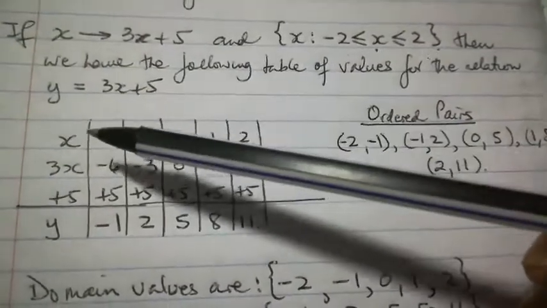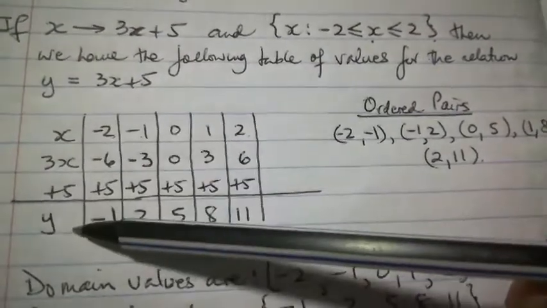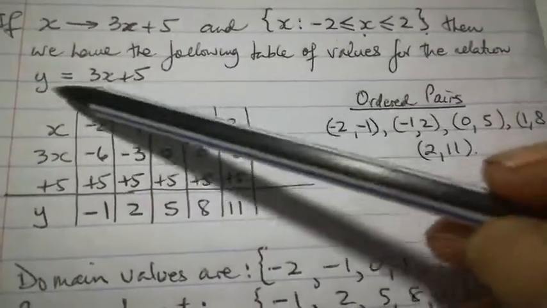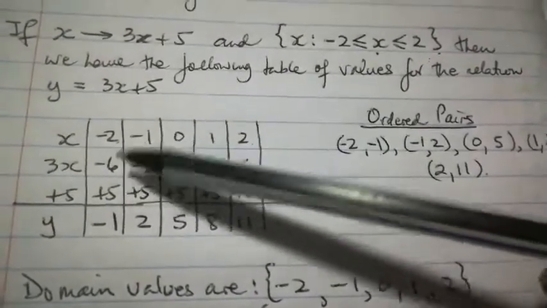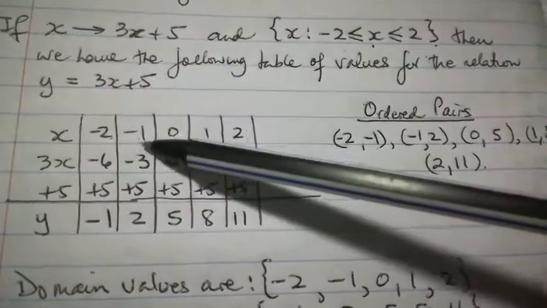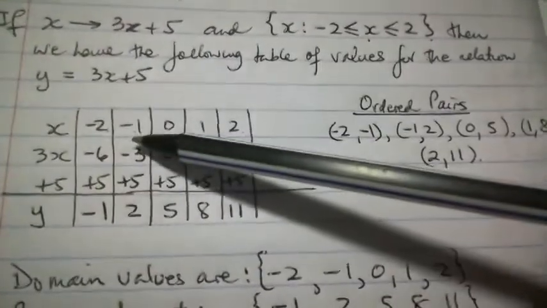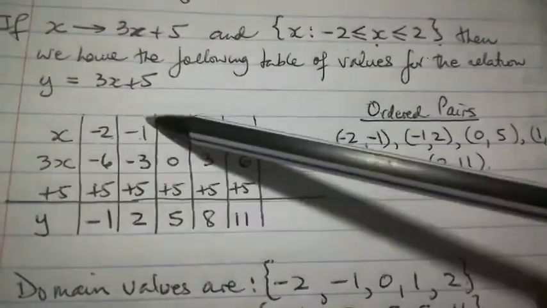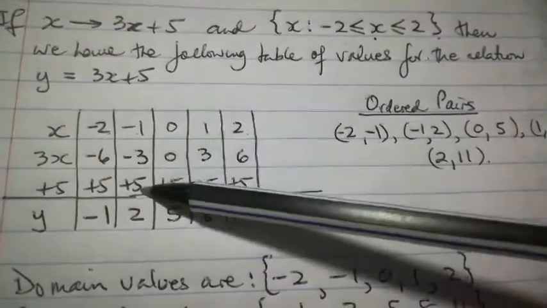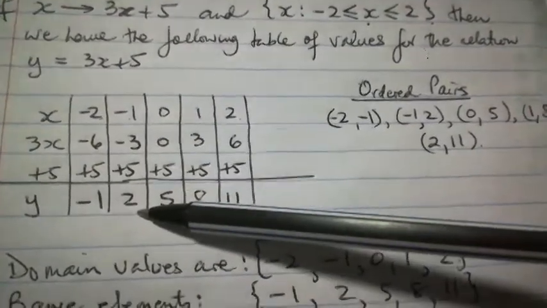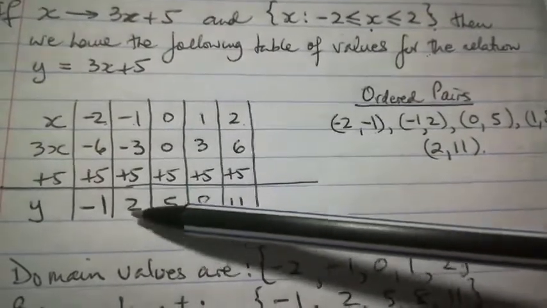The relationship is between x and y, but you have to use the equation to work out the value that belongs to x. When x is -1, 3 times -1 is -3, and when we add 5 to -3, we get 2. So the y value here would be 2.